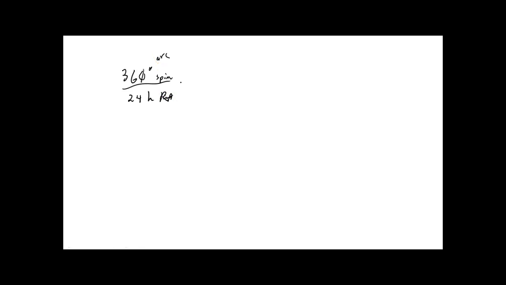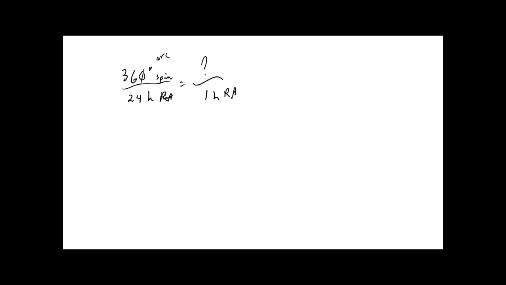Okay? The question here, in number 4 on the bottom of page 363: how many degrees of arc are equivalent to 1 hour of right ascension? That is a proportion.